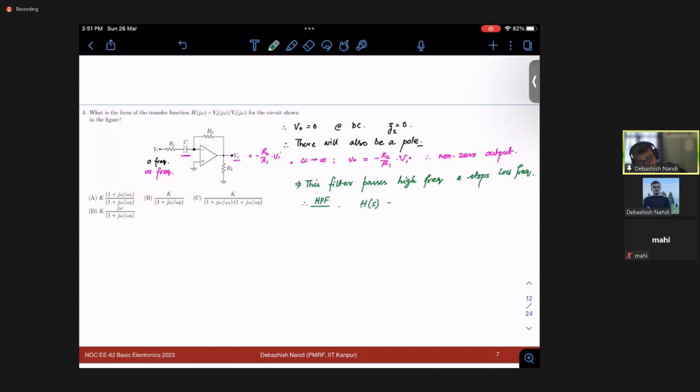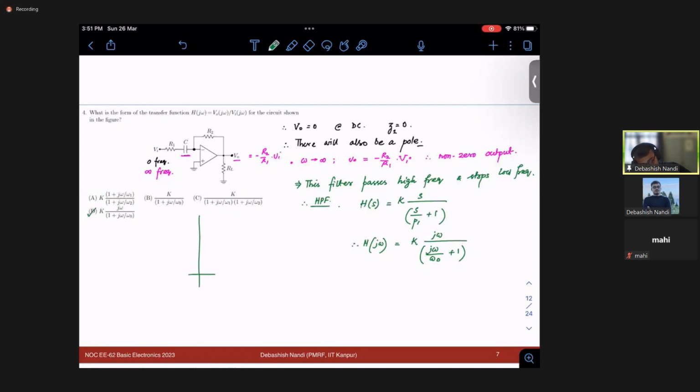You have a transfer function of the nature some k, s over s by p1 plus 1, and if you do it in the Fourier domain, then you will have k j omega over j omega by omega naught plus 1, right? Some omega naught or omega 1. So your answer is D, right? This is how from intuition you can tell.